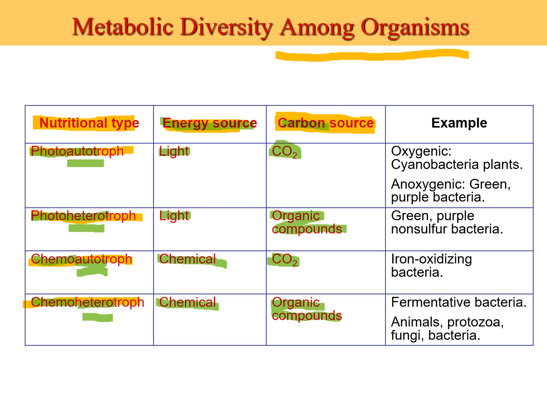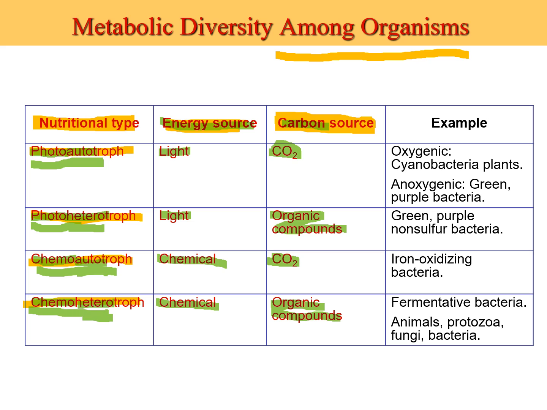So the end result is we have photoautotrophs if they use light for energy and CO2 for carbon. Photoheterotrophs use light for energy and organic compounds for carbon source. Chemoautotrophs use chemical compounds for energy and CO2 for carbon source.